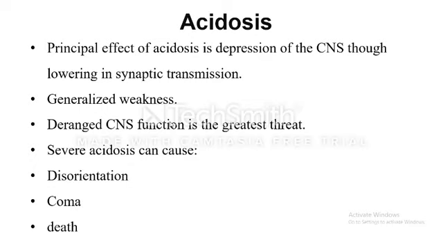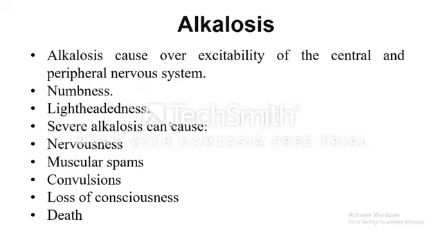Severe acidosis can also cause disorientation, coma, and can lead to death, while alkalosis causes overexcitability of the central nervous system and peripheral system. Numbness can take place, lightheadedness. Severe alkalosis can cause nervousness, muscle spasms, convulsions, loss of consciousness, and finally lead to death if not treated.